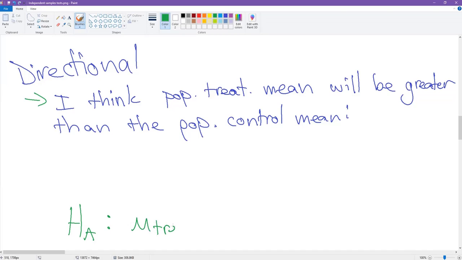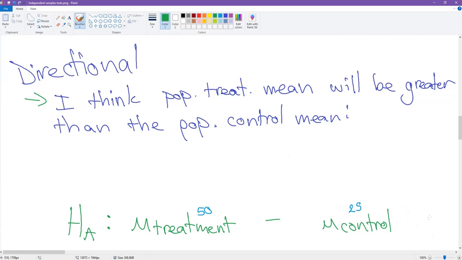So I will write treatment mean, and I will write control mean. And when I take the subtraction between the two, my alternate hypothesis thinks that my treatment mean is going to be 50, and my control mean, theoretically in the alternate hypothesis, is that control is less than treatment, so maybe my control mean is 25.